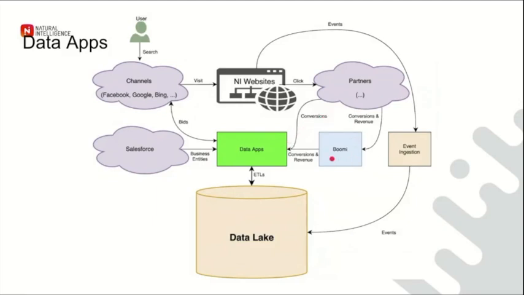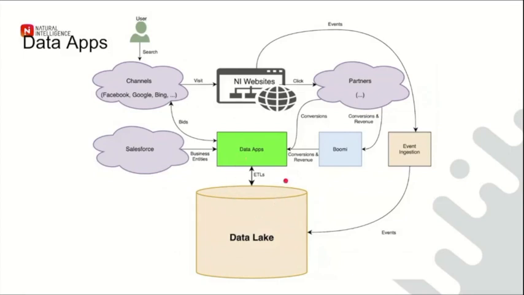And for this, we use another third-party solution called Boomi, which allows non-developers to define various types of integrations without needing to code anything. So they can define integrations with our partners to retrieve conversions and revenue data from them. And all this conversions and revenue data is written from our data apps to the data lake.